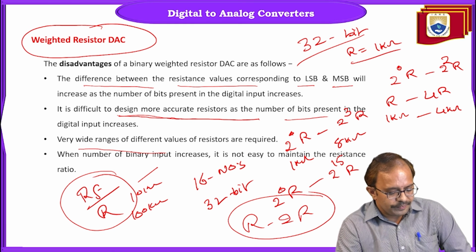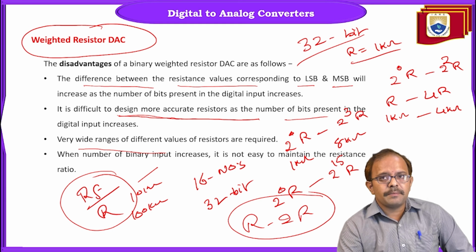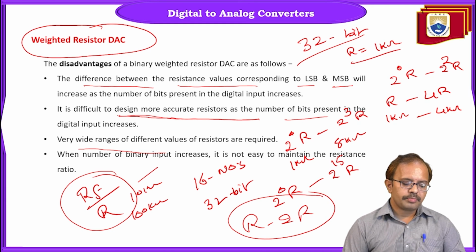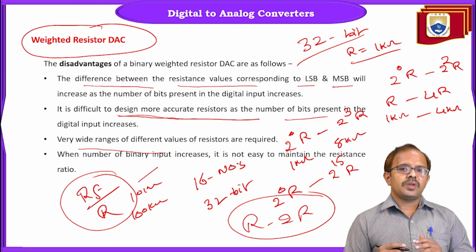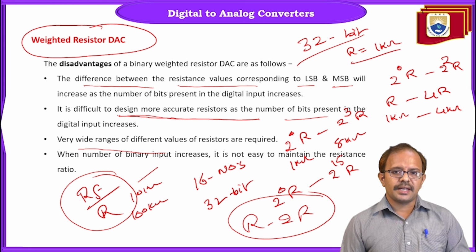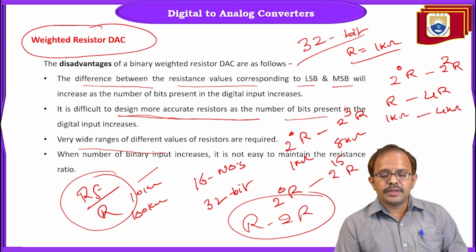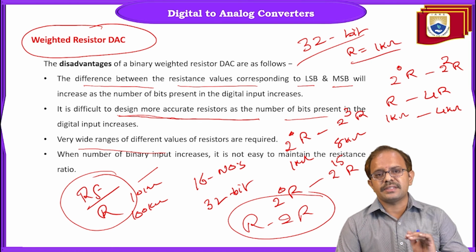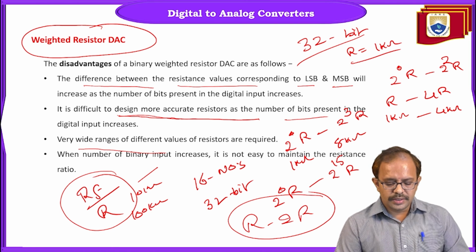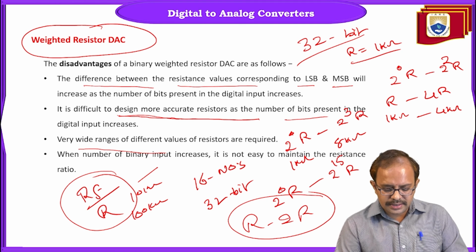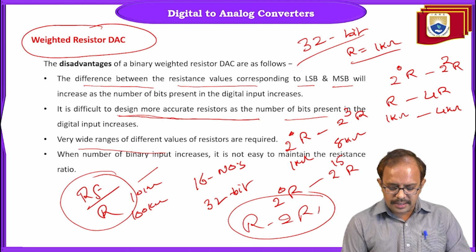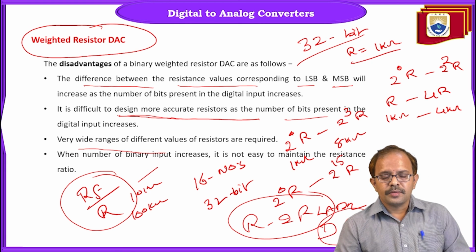And the final one, when the number of binary bits increases, the resistance ratio we consider in the analysis is going to be very challenging to maintain consistently, right? So in the next lecture we are going to discuss the R2R ladder network to design a digital to analog converter.